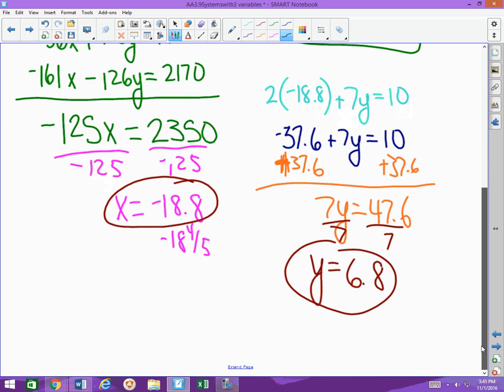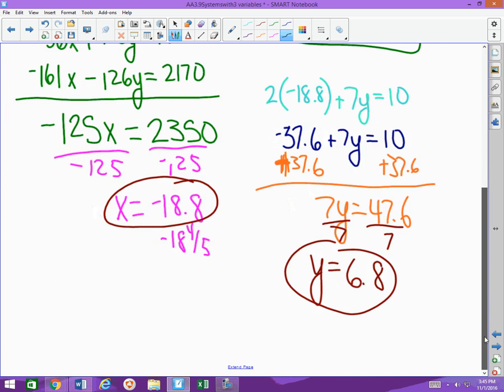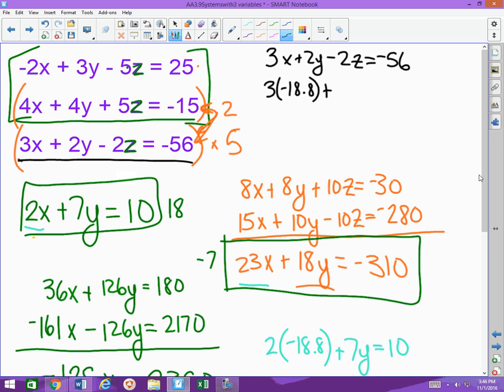X is a -18.8, so 3 times a -18.8 plus y, which is 6.8, 2 times 6.8 minus 2z equals a -56.